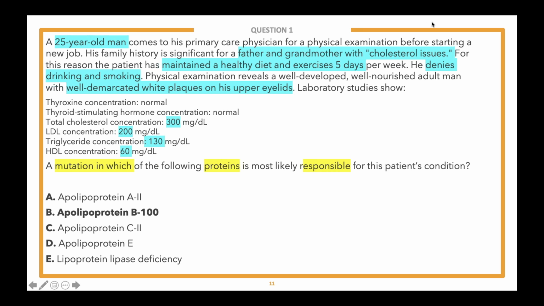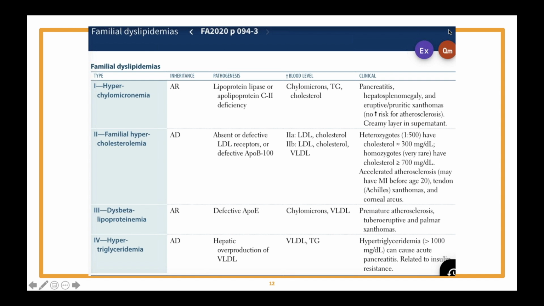On the next slide, Sean has pulled up one of the tables in First Aid that talks about familial dyslipidemias. When we look at what this patient has, we know that he has elevated LDL and elevated cholesterol, and the one that best matches that is type 2 familial hypercholesterolemia. This is an autosomal dominant disease.